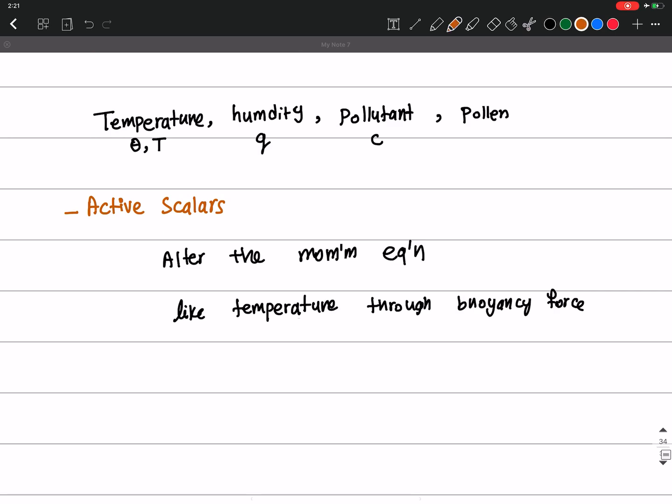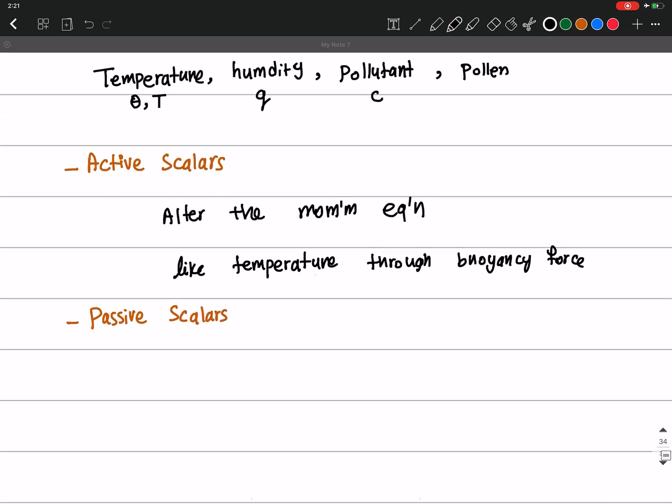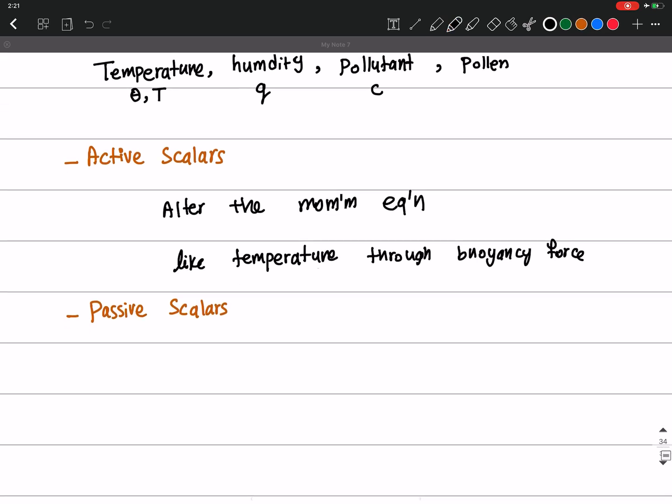On the other hand, we also have passive scalars. Passive scalars are scalars that do not affect the turbulence. So turbulence is not affected by them. Like pollutants, right?